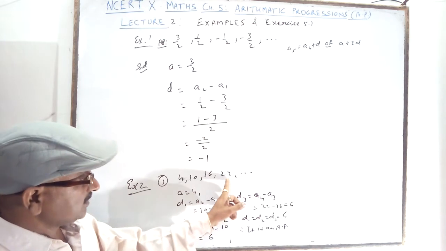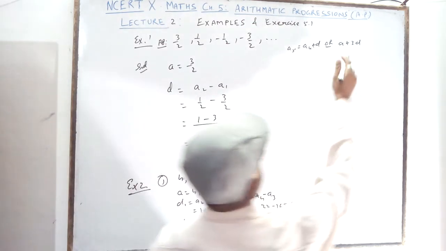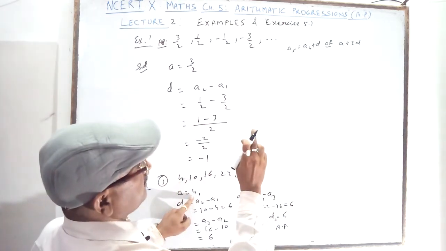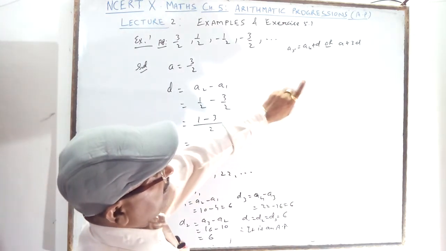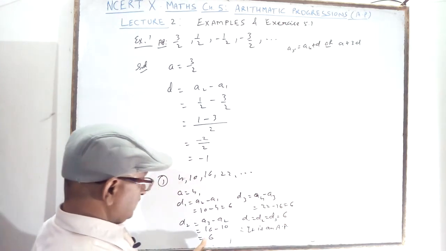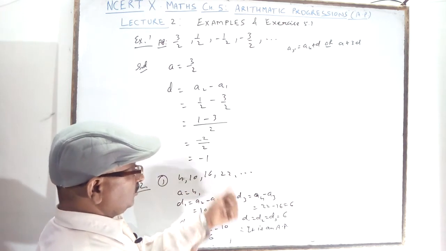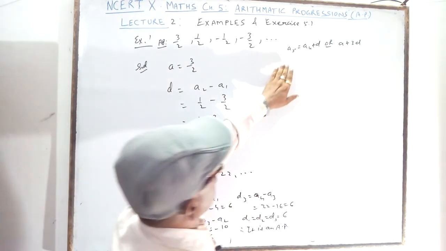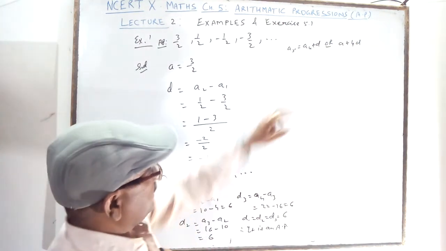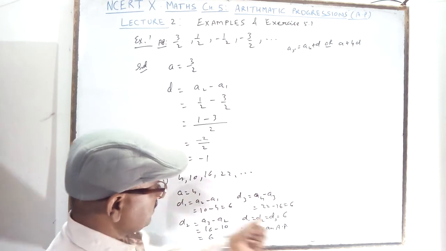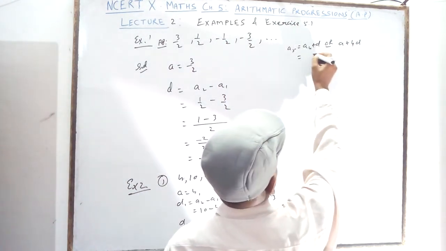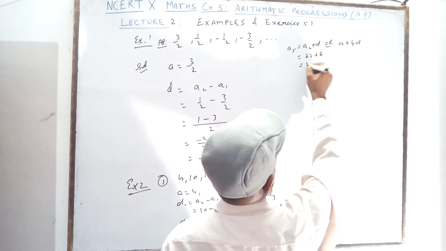A4 plus D: 22 plus 6 is equal to 28. Or A plus 4D: A is given as 4, 6 times 4 is 24, 24 plus 4 is 28.